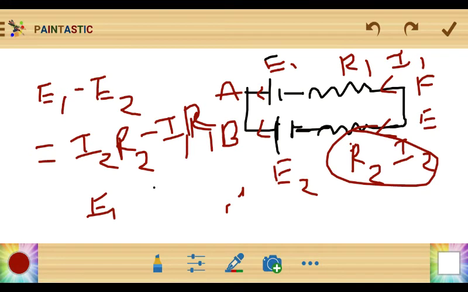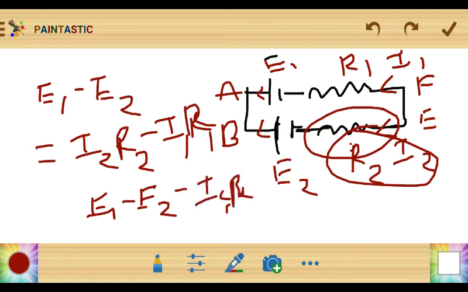Whereas if we look from A to B, nothing is connected, but while going from B to E, we first come to the battery from the positive electrode, which is opposite to the rule, so we take E2 as negative, and on further going R2 and R1, the convention current is in the opposite direction, so we simply write I2 R2 or plus I2 R2.